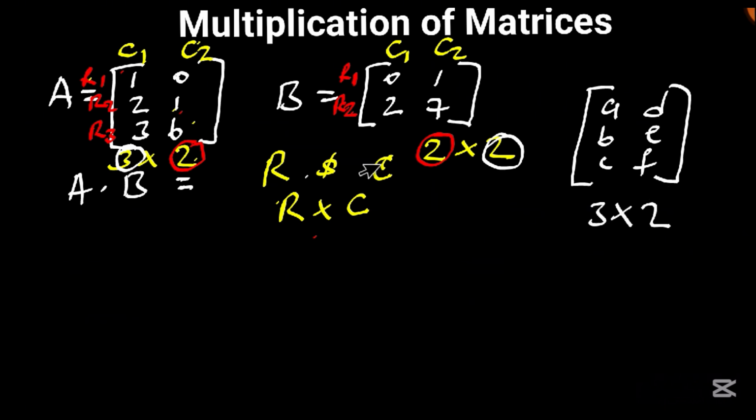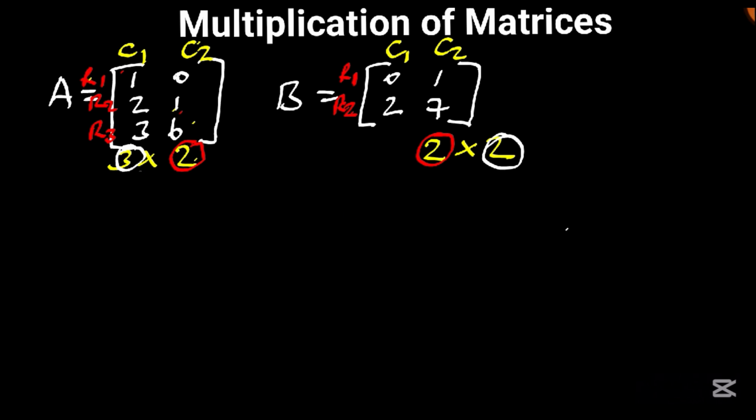Okay, so let's go ahead and multiply these matrices. We're going to use this first row and multiply by this first column. This will form the first entry in the resulting matrix.